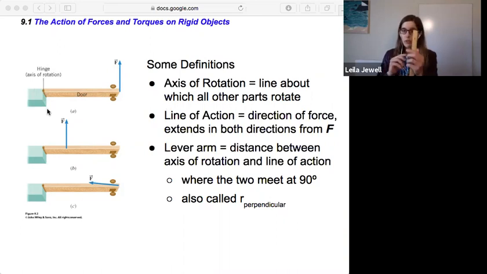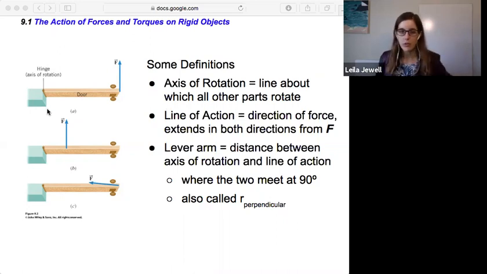With my ruler being held by a pencil here, it can spin, and the axis of rotation is the pencil itself. The pencil looks like a point if you're looking at the front view, but it's actually a line, a line that everything else is rotating around. Right, so that's our axis of rotation.